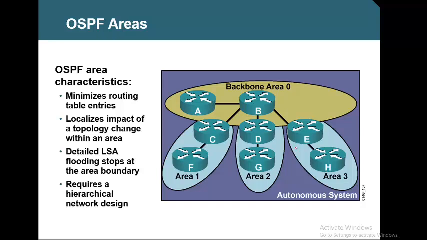That's why they are in a different area. This makes the protocol more efficient because you are not unnecessarily disturbing D, G, E, H, A, and B. The small changes that happen on router F need not impact D, G, E, and H.